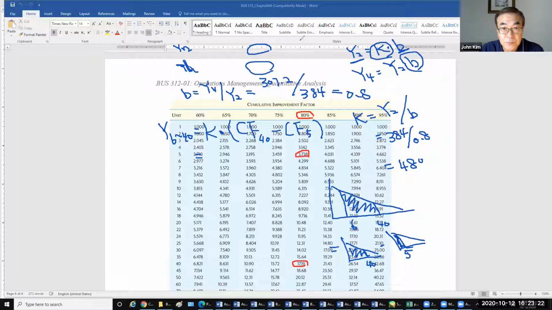So it will be 480 times 40 is 17.19 minus this one, 3.738.